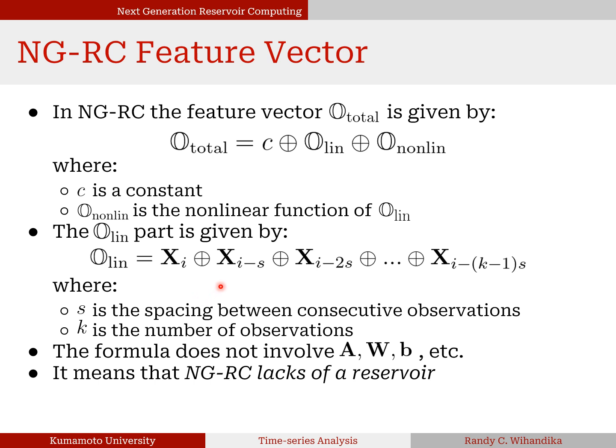We can see that in this NGRC, compared to the standard RC, the formula does not involve A, W, bias, and so on that we have in the standard RC. It means that this NGRC lacks a reservoir. So it is a little bit ironic: we have NGRC, a reservoir computing method, but it doesn't have a reservoir.